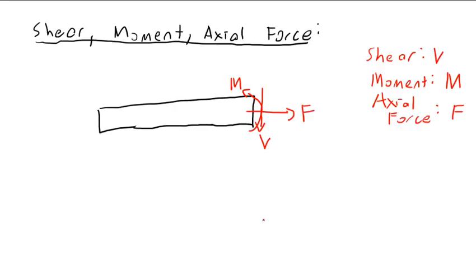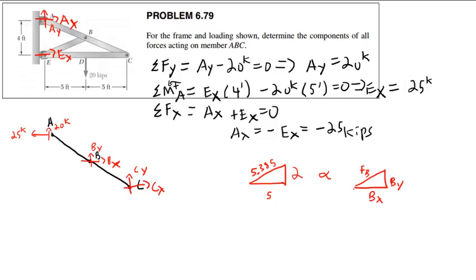Now, if you apply pins on either end of a member, as in trusses, this simplifies the problem greatly. By putting pins on either end of a member, you completely eliminate the shear and moment in it, so we never needed to consider shear and bending moment in trusses. But in simple machines and frames, we do.